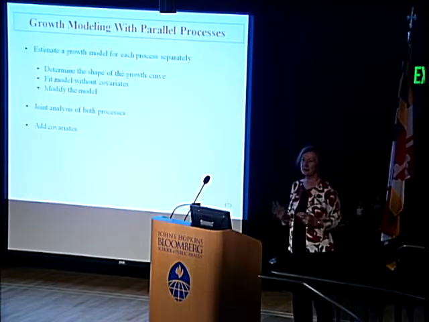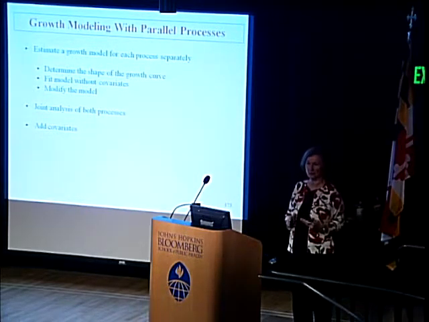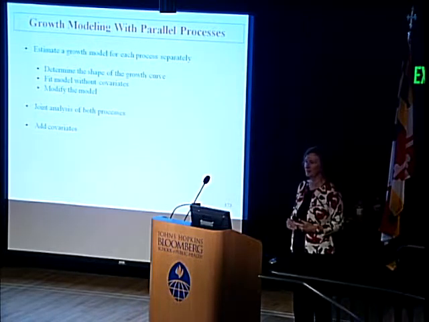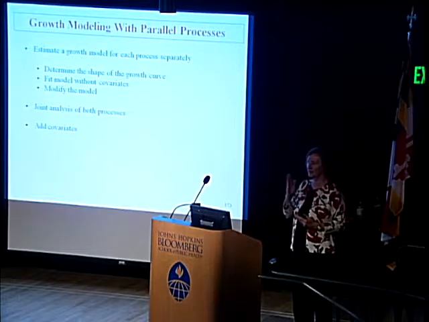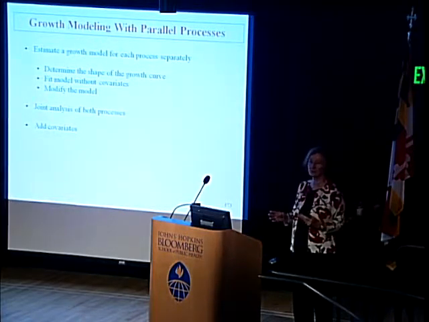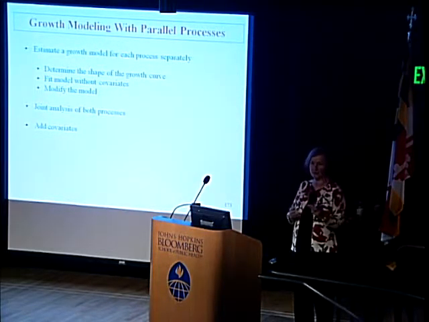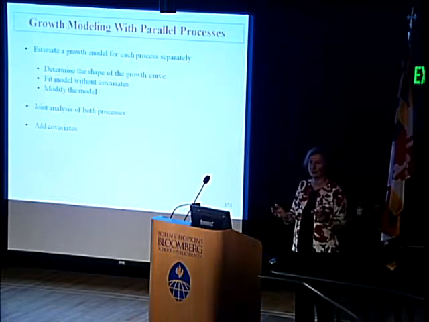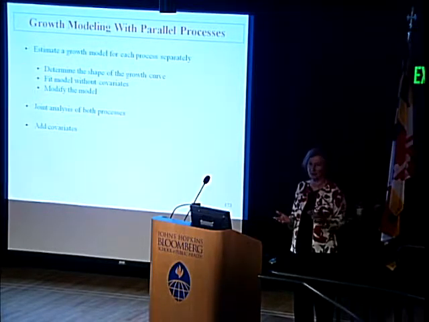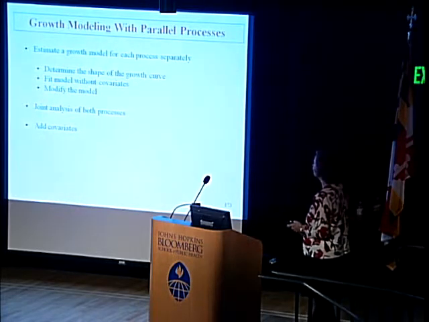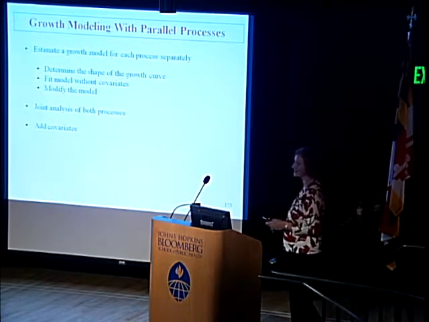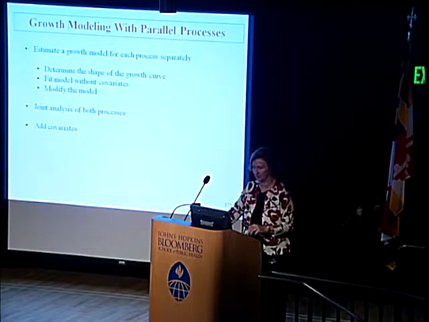As in all data analysis, it's a good idea to do it stepwise in an organized fashion so that you can catch what's going on. If you try to estimate both growth models at the same time with covariates and it doesn't work, you have no idea why, and then you have to go back and start at the beginning. So it's best to go through the process slowly and carefully.